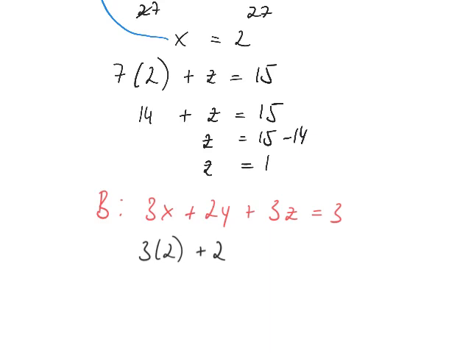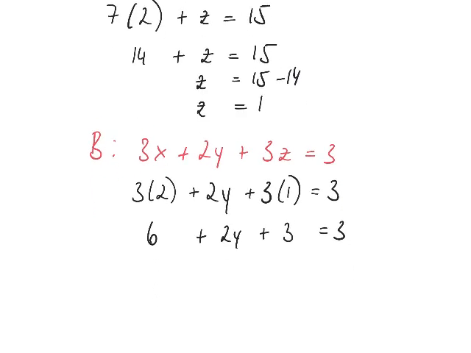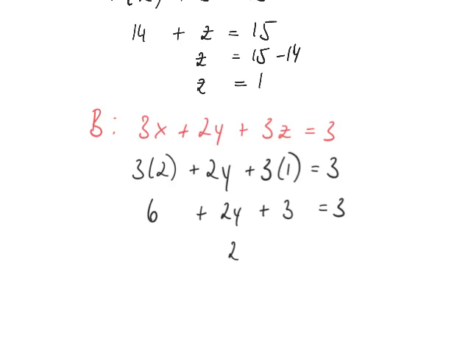I don't know y yet, but I know that z is 1. So 6 plus 2y plus 3 equals 3, and now I can find y. 2y plus 9 equals 3.